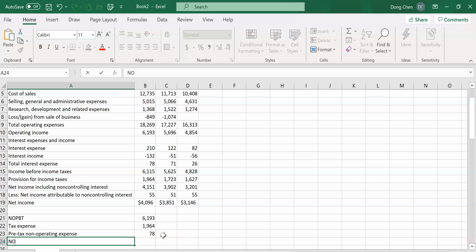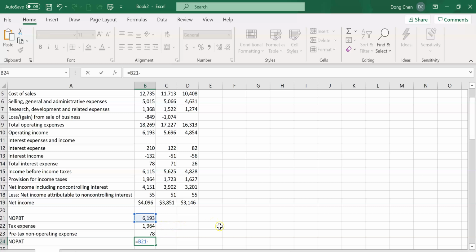So now we can calculate NOPAT. NOPAT is basically NOPBT minus tax on operating profit.